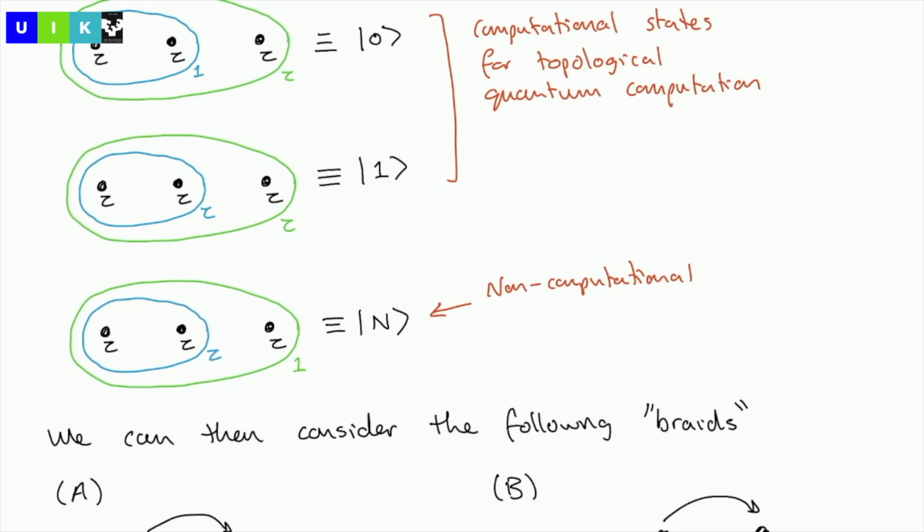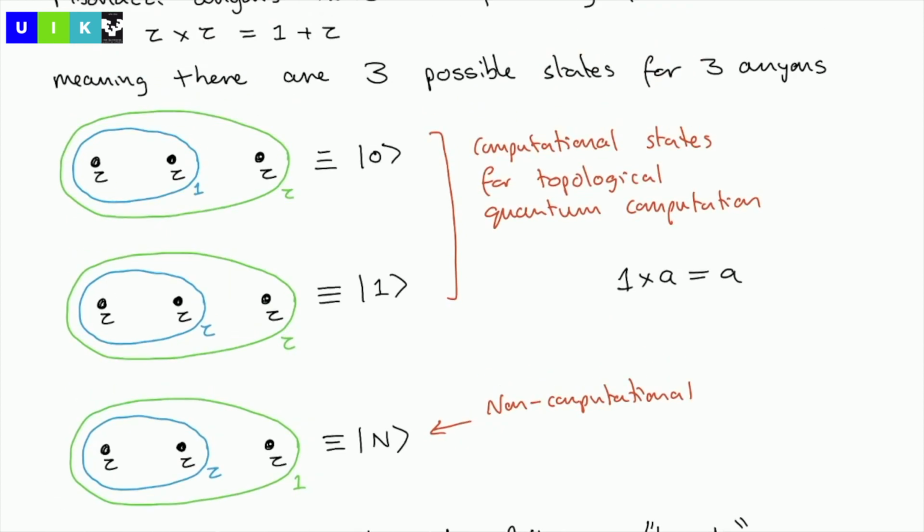We always have the rule that the identity fused with any anion is the anion itself. So that would be an option that's not allowed here.